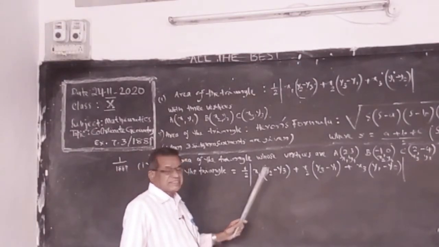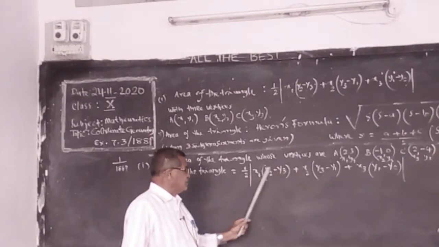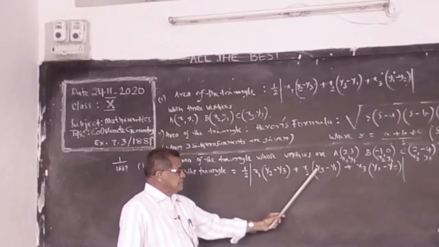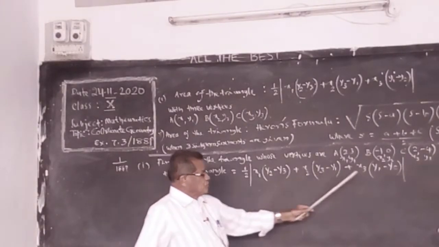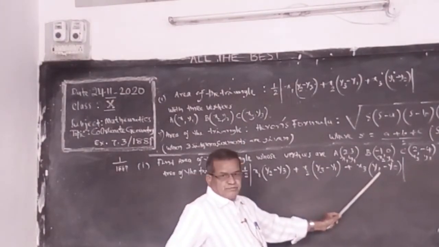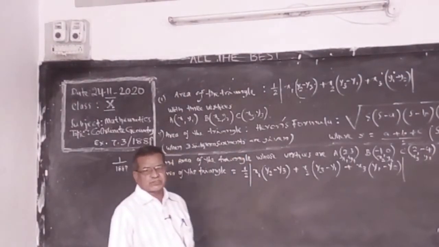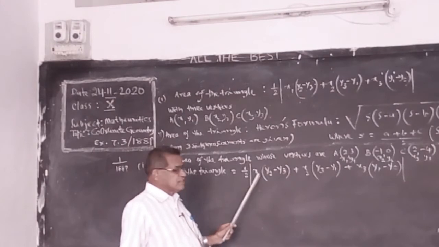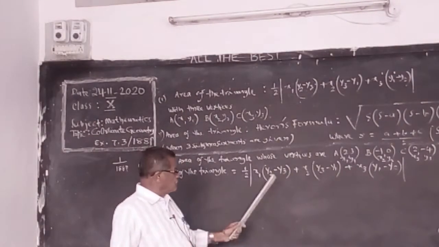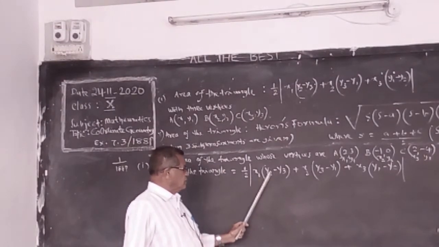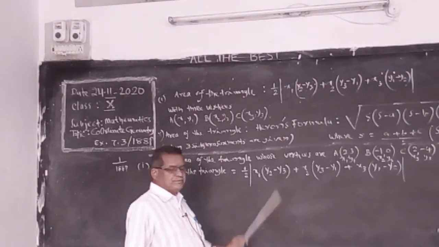The x coordinates lie in front of the brackets. In the first bracket x1, in the second bracket x2, and before the third bracket x3. After writing x1, x2, x3, let us write the y coordinates in order 1, 2, 3.